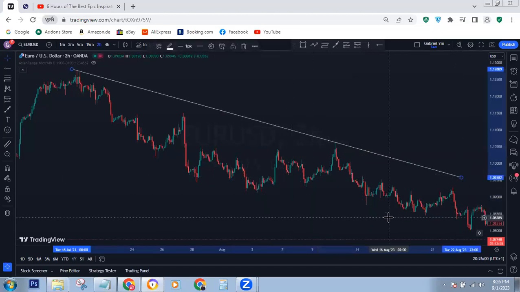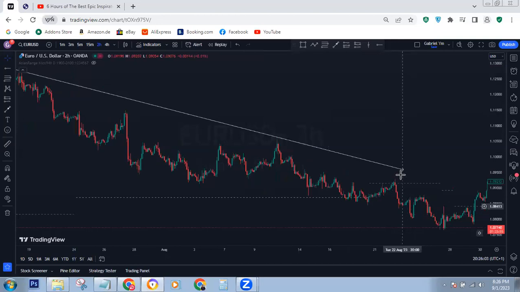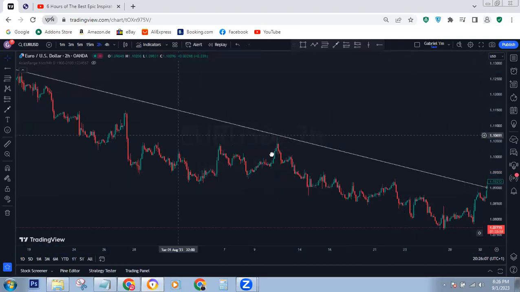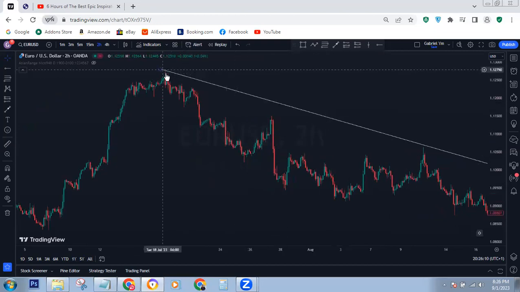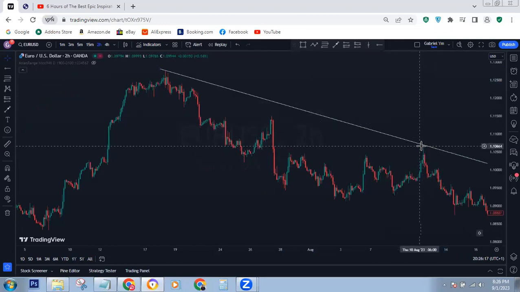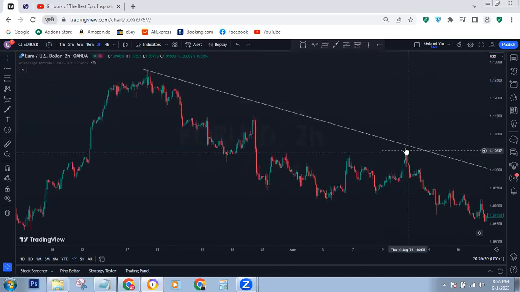I'm shifting this left. Now, you see that as this line touches here, it comes up. When it comes back up again to touch the line, if you sell from here, you will be in profit.